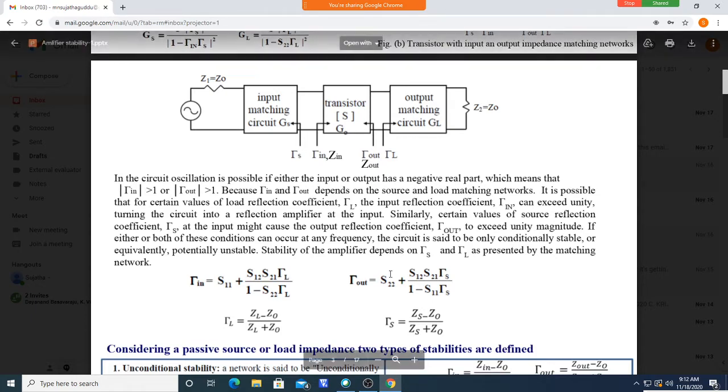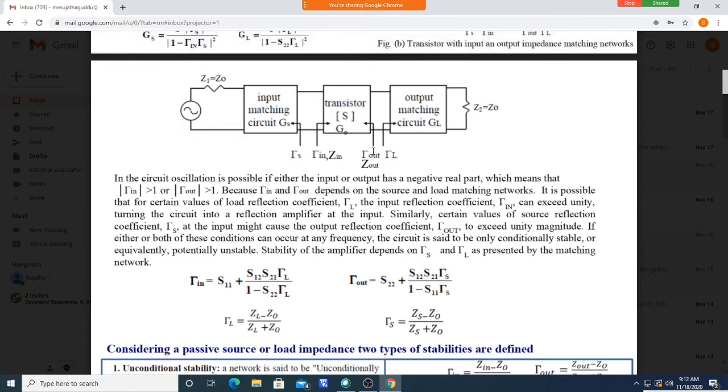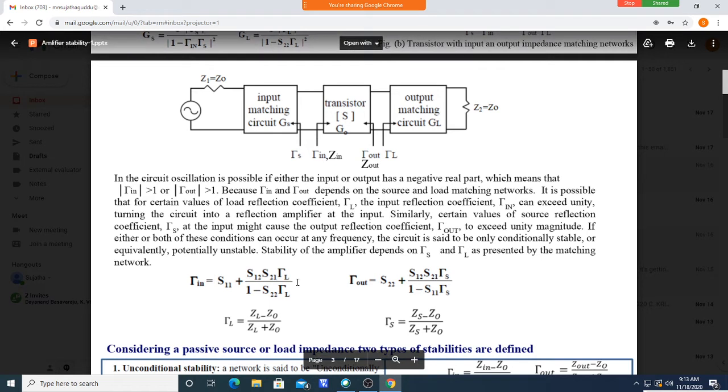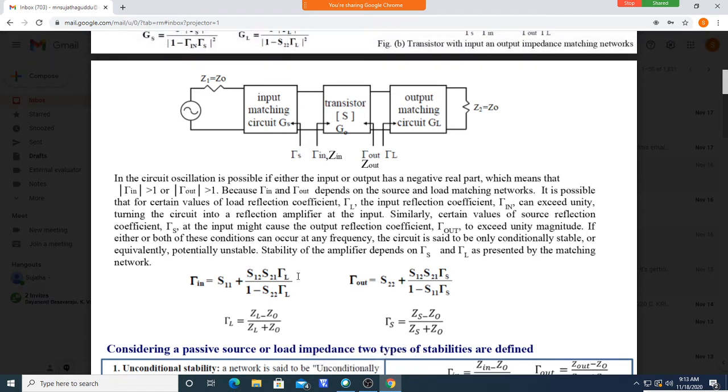Similarly, tau out depends upon tau S, that means ZS. We set ZS while designing the impedance matching, so that while choosing tau S, tau out should not be greater than 1. So what value do you have to choose for tau L?